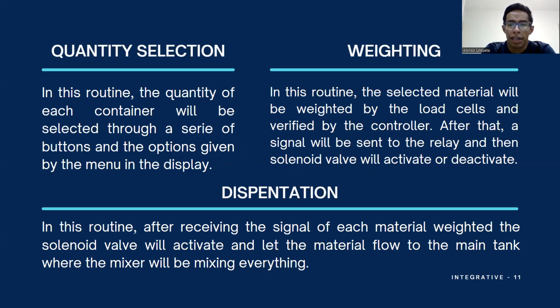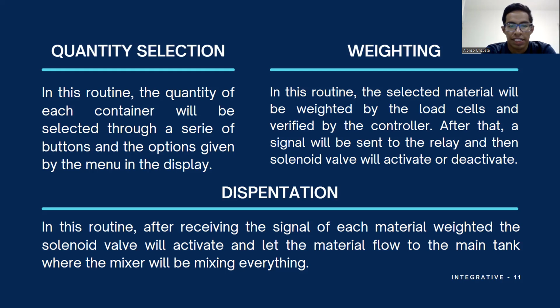Then we have the weighing part. In this routine, the selected material will be weighed by the load cells and verified by the controller. After that, a signal will be sent to the relays, and then the relays will activate or deactivate the solenoid valves.